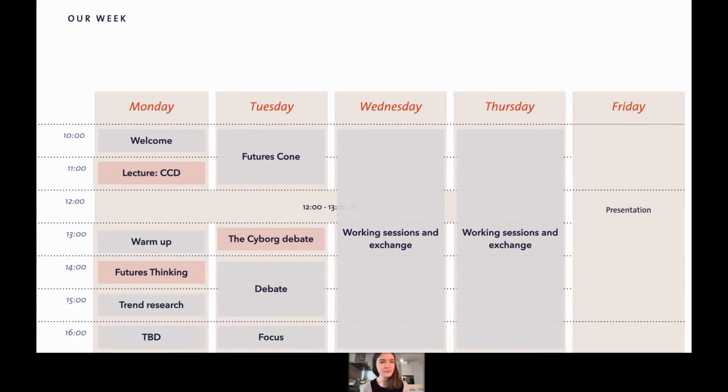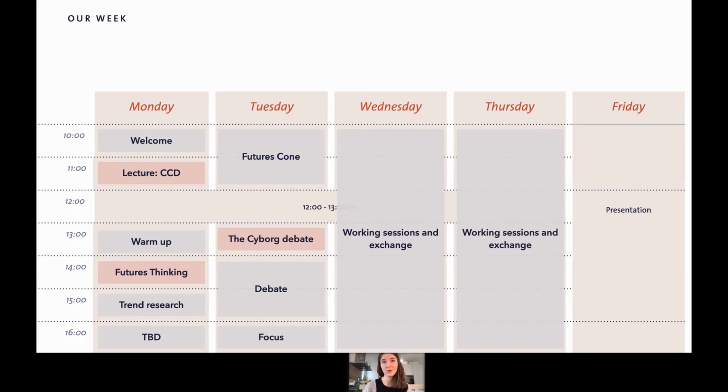And as trend research is a huge part of designing for the future, this would also be a task, a blocker in the end. I was not sure with the timing, so we can define how we're gonna end the day.